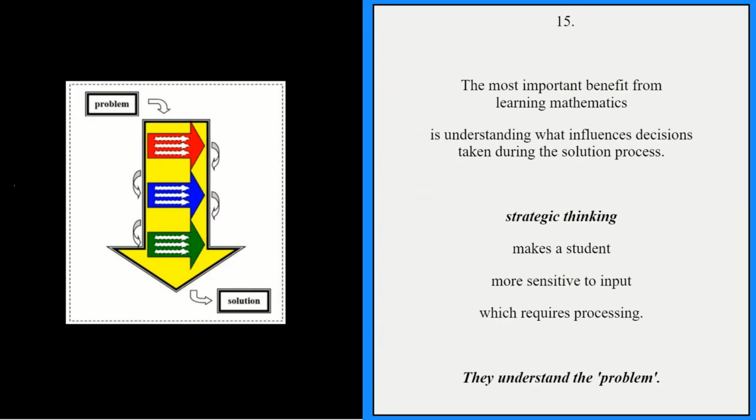The most important benefit from learning mathematics is understanding what influences decisions taken during the solution process. Strategic thinking makes a student more sensitive to input, which requires processing. It ensures they understand the problem.